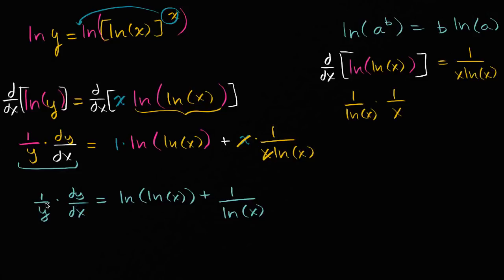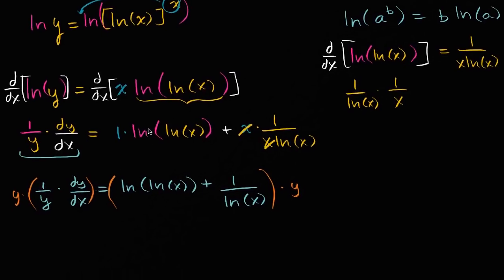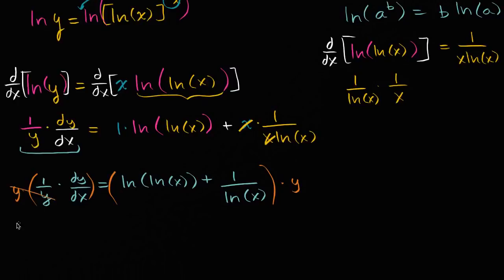And now to solve for the derivative, we can multiply both sides by y. So we're going to multiply that side by y, and we're going to multiply this side times y. And what are we going to get? Well, on the left-hand side, that's why we multiplied by y, we just have the derivative of y with respect to x.